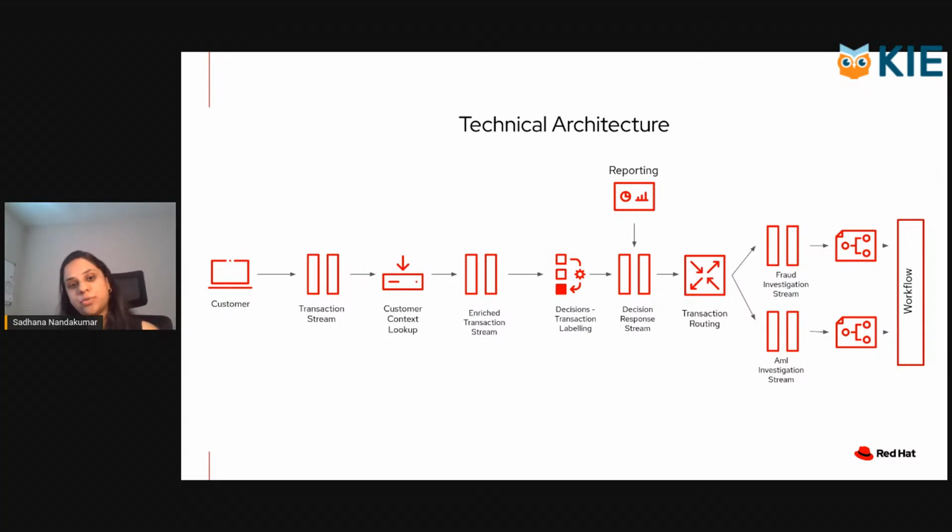And hence, what we're trying to do is load up the data with respect to the customer context as well as the historical transaction context. And then we push that enriched data back into the stream.